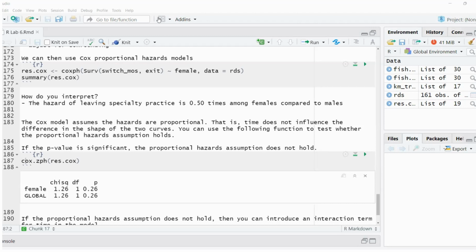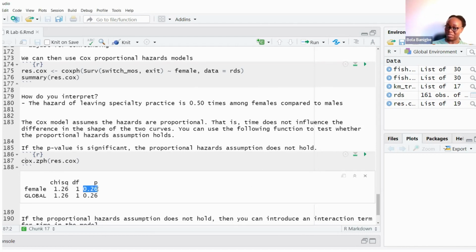A p-value which shows that we failed to reject the null hypothesis. Okay, so we see a p-value of 0.26, which says we will fail to reject the null hypothesis. If the p-value is significant, the proportional hazards assumption does not hold.